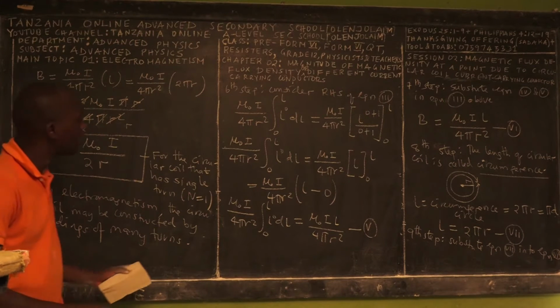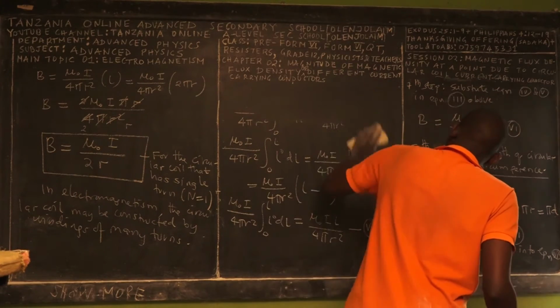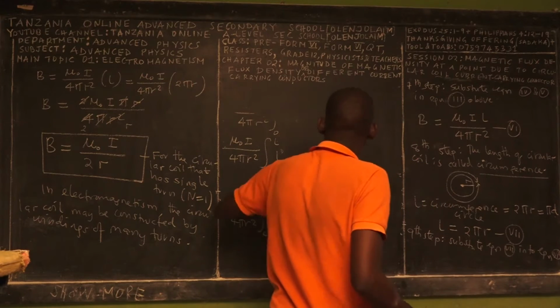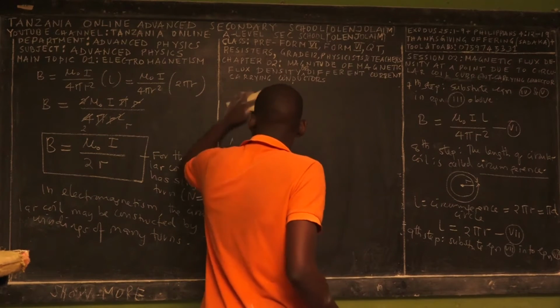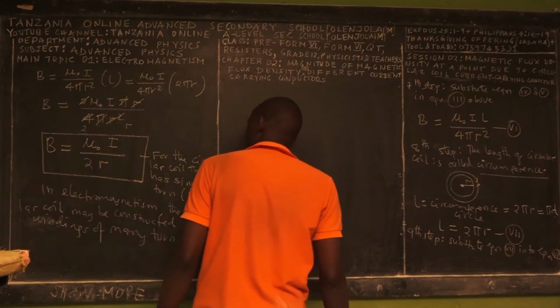So now the Biot-Savart formula at the center of the circular coil for many turns, for n turns, is given from this.